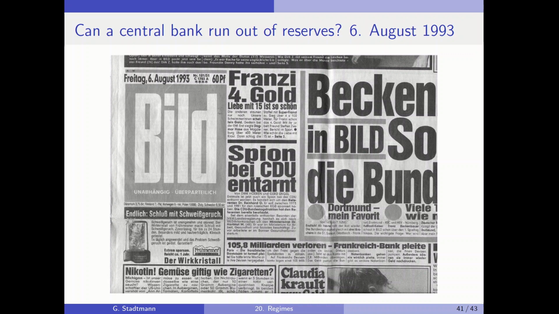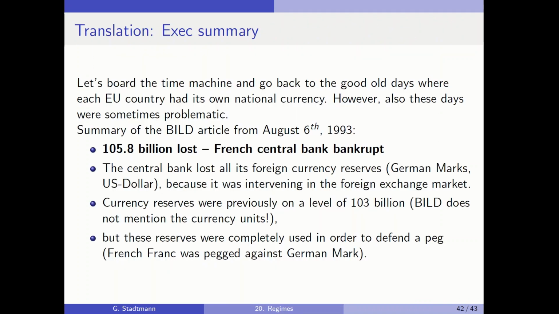Great. Let's translate and come up with an executive summary. The title of this article is: 105.8 billion lost. French central bank is bankrupt. The French central bank lost all its foreign currency reserves, which were denominated in German marks and US dollars, because it was intervening in the foreign exchange market.